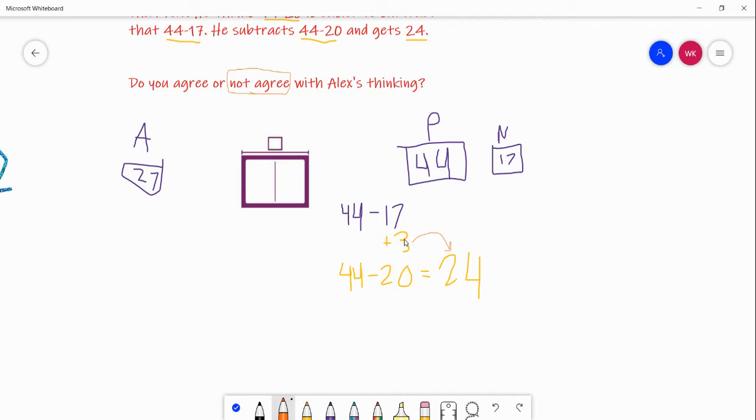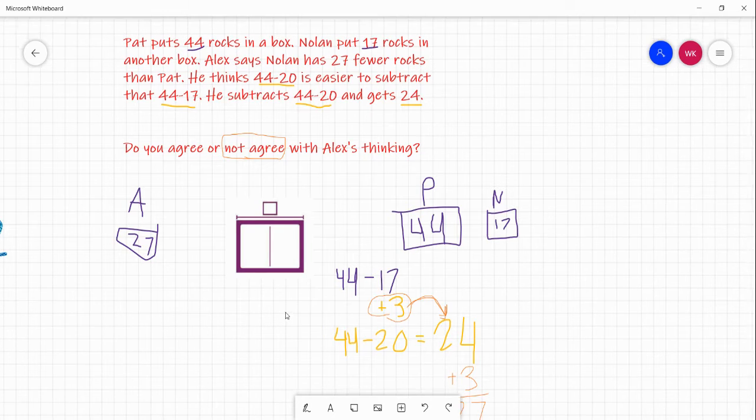If you add that 3, so remember you added 3 to the 17, that means in the answer, you need to add 3 to your answer. So 24 plus 3 equals 27. So that is our answer.